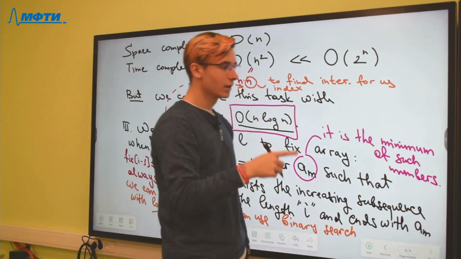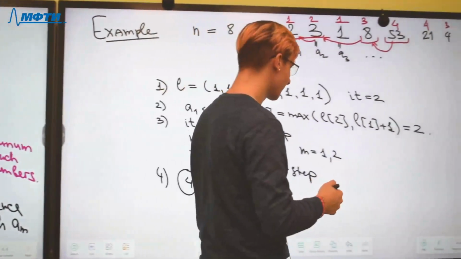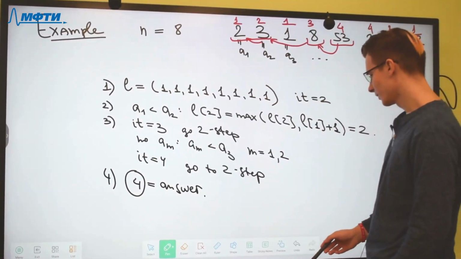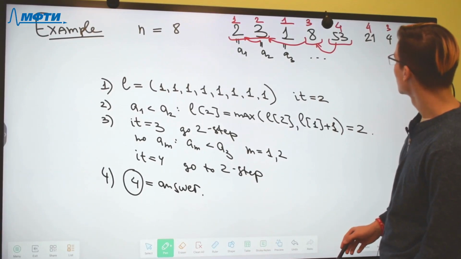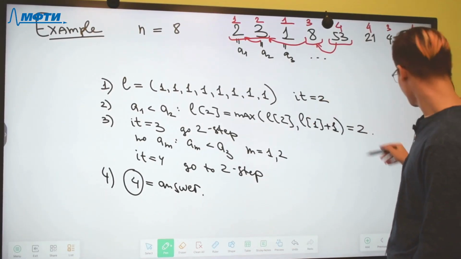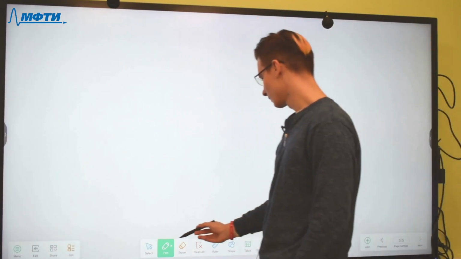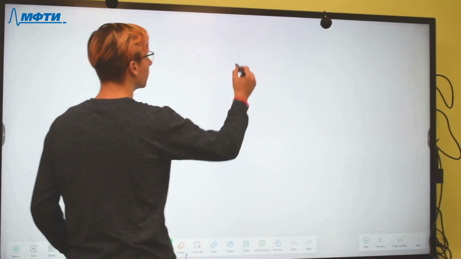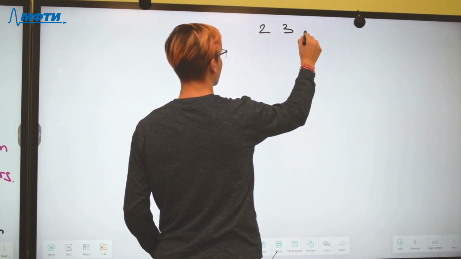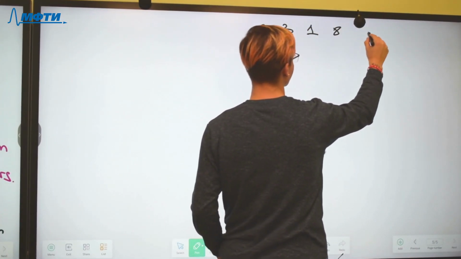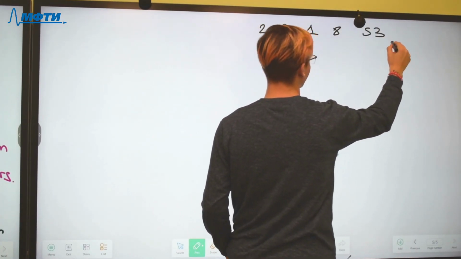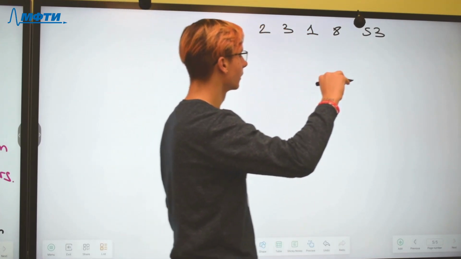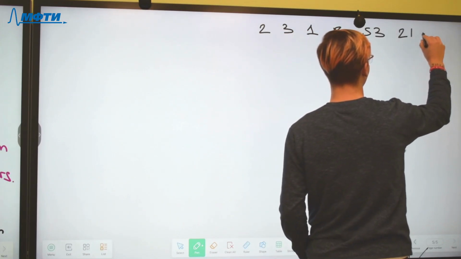For example, firstly, we work with this example, and I can maybe repeat this example: 2, 3, 1, and then 8, 1, 2, 3, 21, or something?